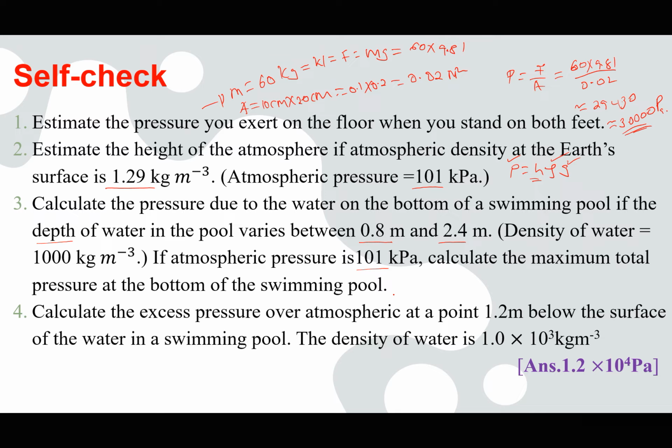But here they say the pressure due to the water on the bottom of the swimming pool. If the depth of water in the pool varies, so the depth is not uniform, then we can find the average depth. The depth varies between 0.8 and 2.4, so the average depth is the sum of these two divided by 2.